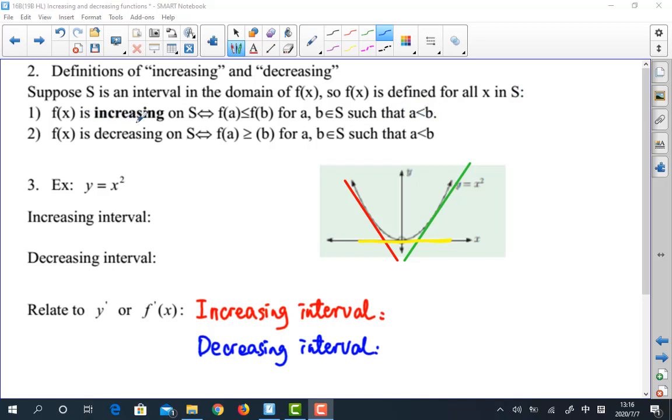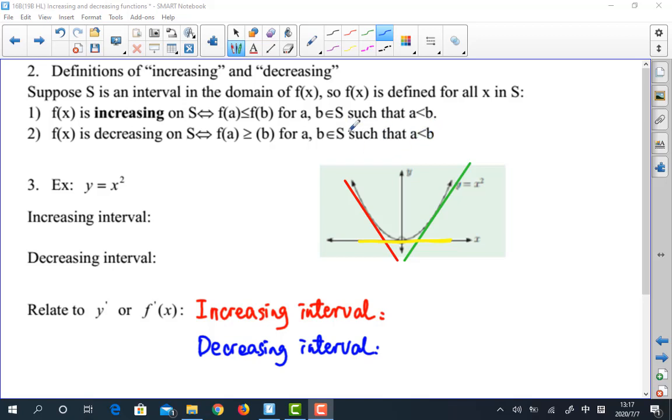When f(x) is increasing on a subinterval, a is less than b, that means you look at the graph from the left side to the right side in the coordinate system. When x is getting larger and larger, your y value is getting larger and larger. This function is increasing. f(x) is decreasing on the subinterval S if and only if f(a) is greater than or equal to f(b) for a and b belonging to the subinterval S such that a is less than b.